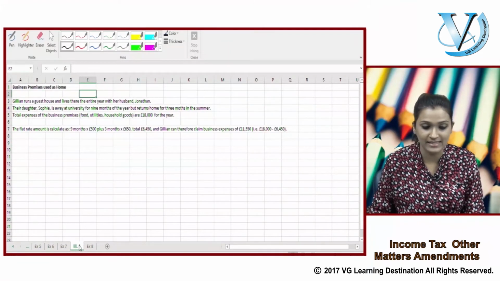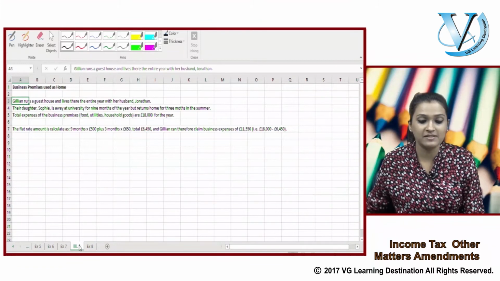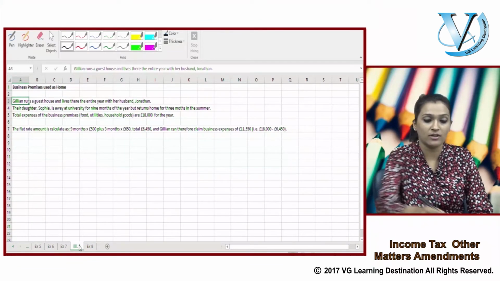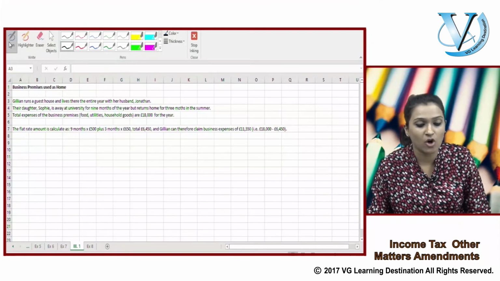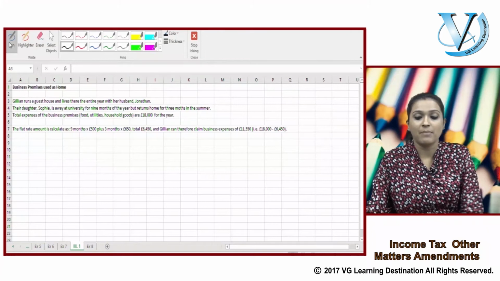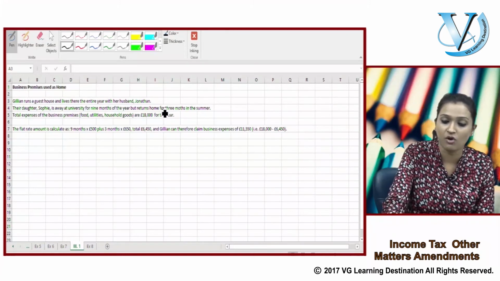Gillian runs a guest house and lives there the entire year with her husband Jonathan. Their daughter Sophie is away for 9 months of the year but returns home for 3 months of the summer.